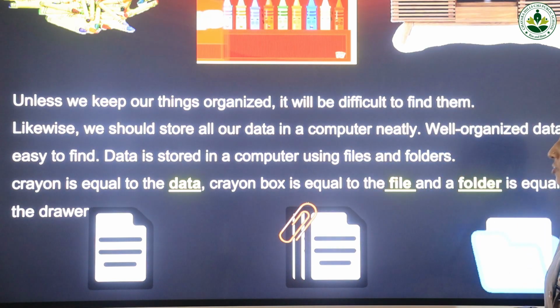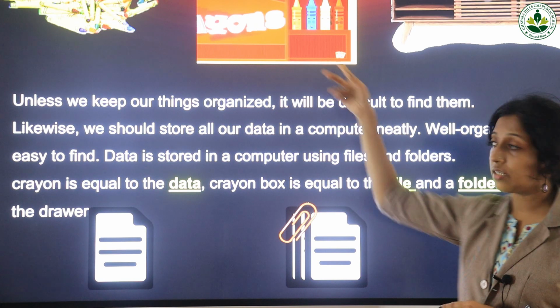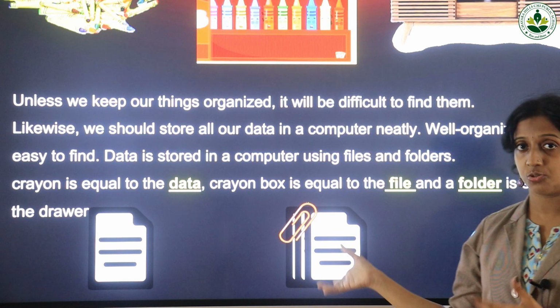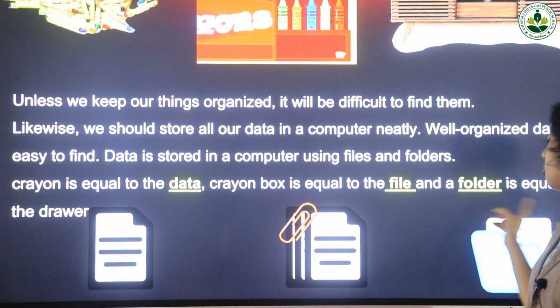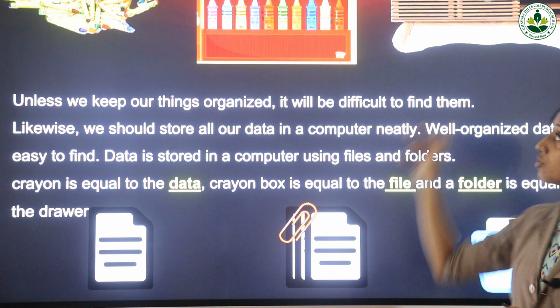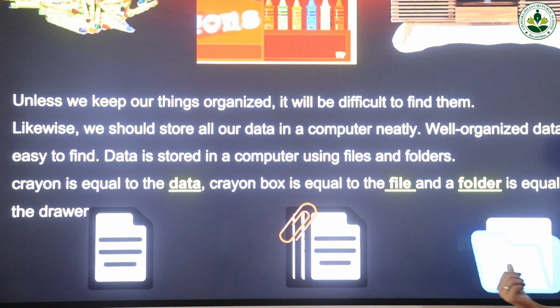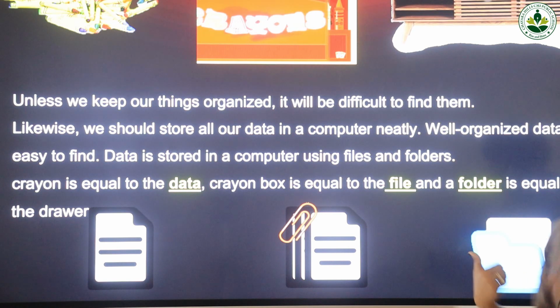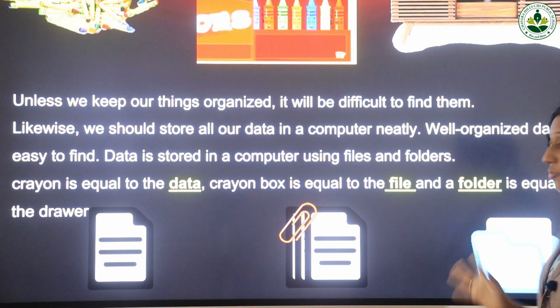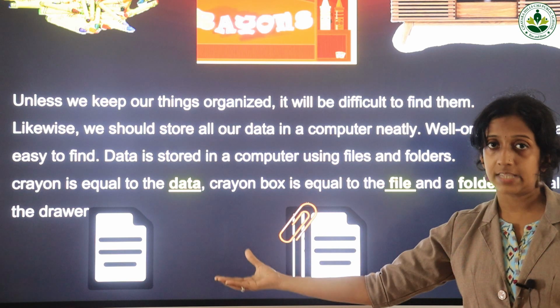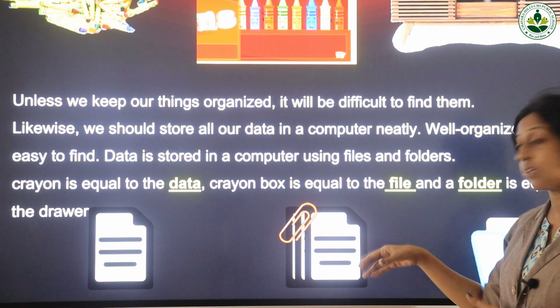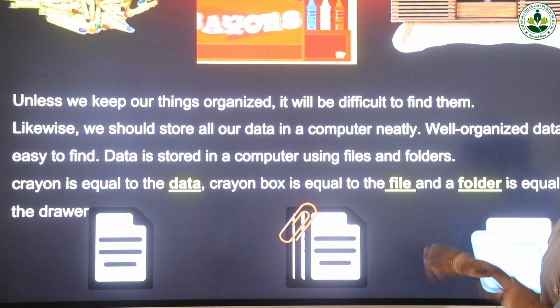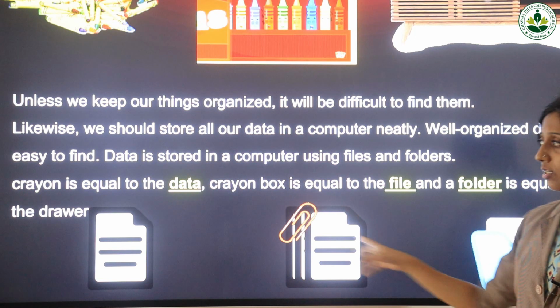Crayon box is equal to the files. This is the crayon box and it can be matched to the files, and a folder is equal to the drawer. So we have our data, and the data can be files, and these files are stored into the folders.